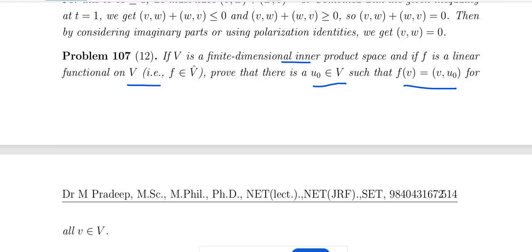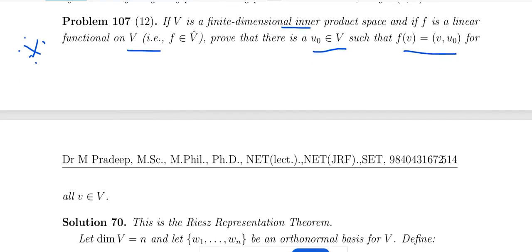V is a finite dimensional inner product space and if F is a linear functional on V, the collection of linear functionals on V, then there is a U0 belongs to V such that F of V equal to the inner product of V, U0 for all V belongs to V. This is also a very important one, just catch the point.